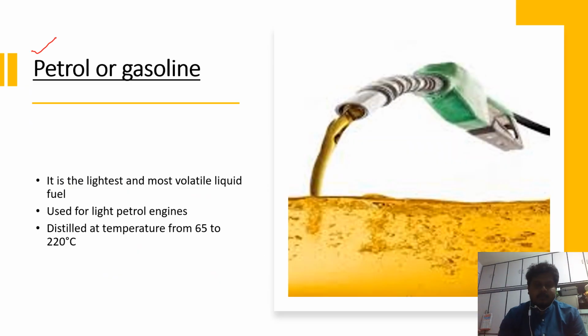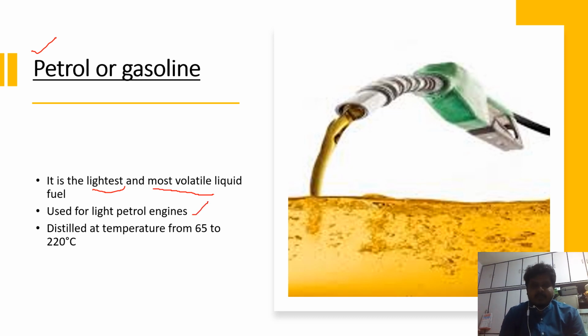The other type of liquid fuel is petrol or gasoline. Petrol, also known as gasoline, is the lightest and most volatile liquid fuel. Generally, it is used for light petrol engines.